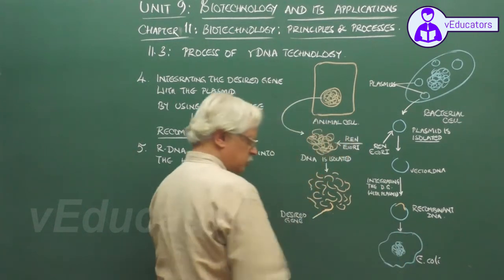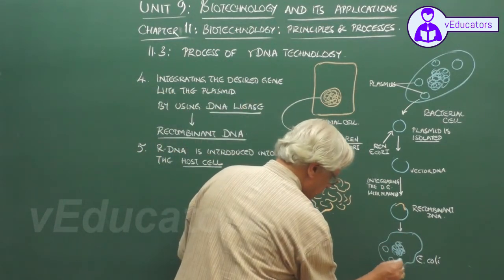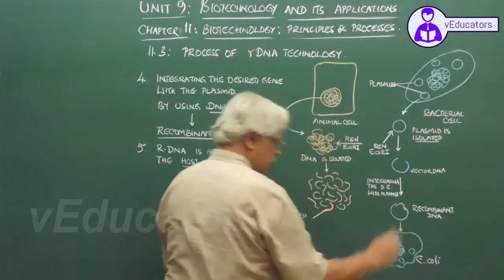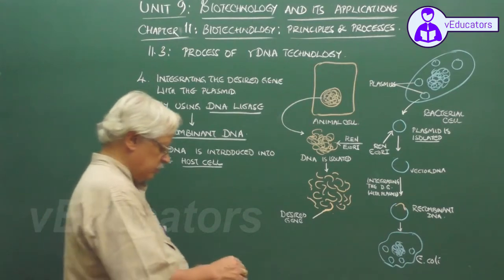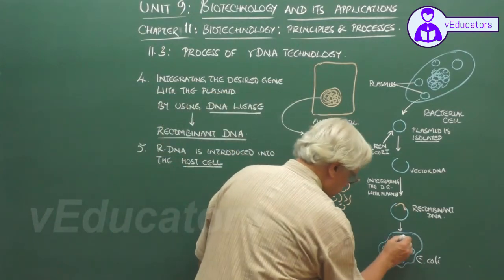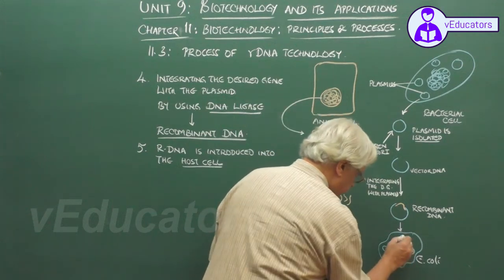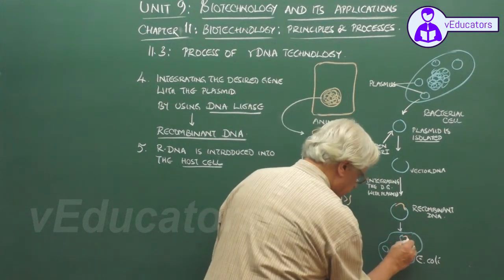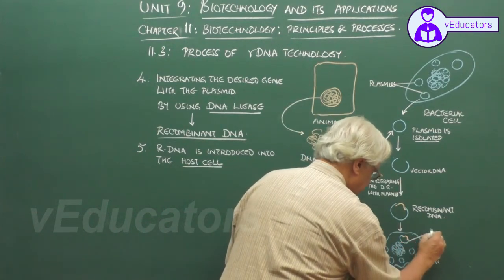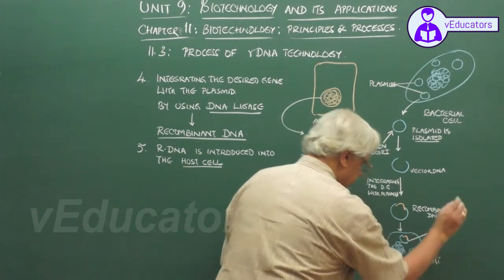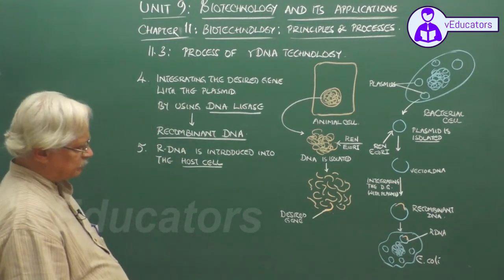That is the bacterial chromosome. These are the plasmids of E. coli. Now this recombinant DNA has been introduced into E. coli.